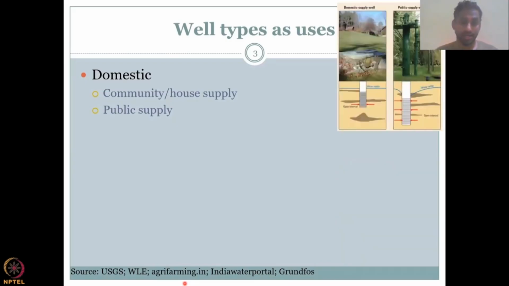This is how it looks as per the USGS diagram. You can see that the first figure is a house or community supply, where you have the well put in. What type of well is a different mechanism, and the others we're not going to look at. What is the use of the well?